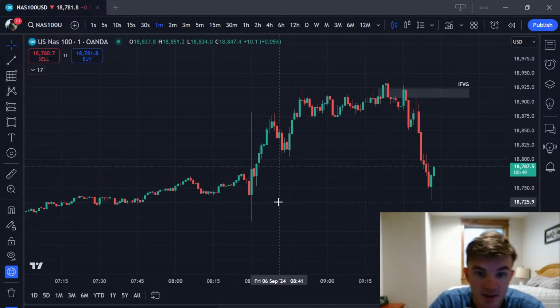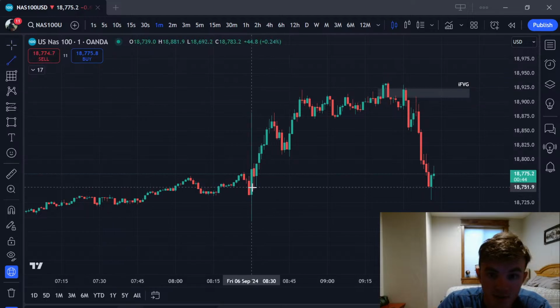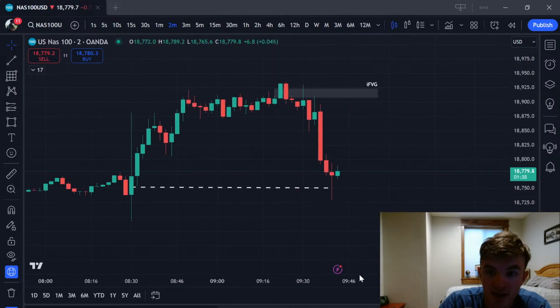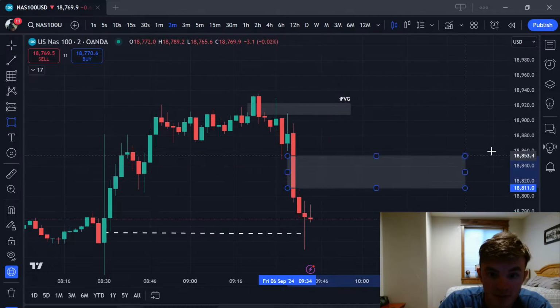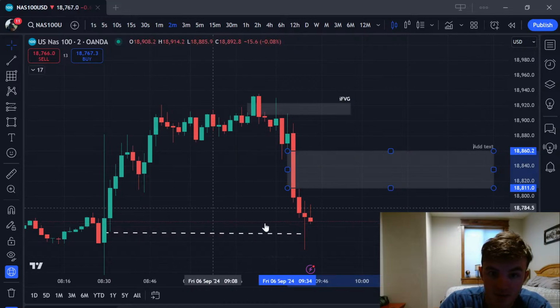Yeah, because there is this internal low, it might just have wanted this internal low. So like I said, if we can get this 2-minute gap to inverse, that would be pretty ideal in my opinion, especially with sweeping this liquidity.